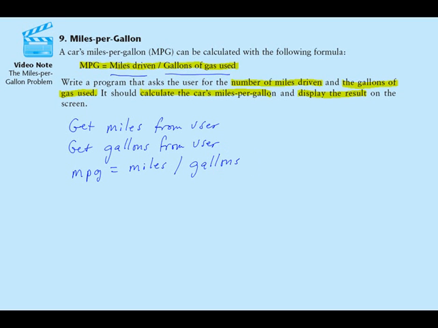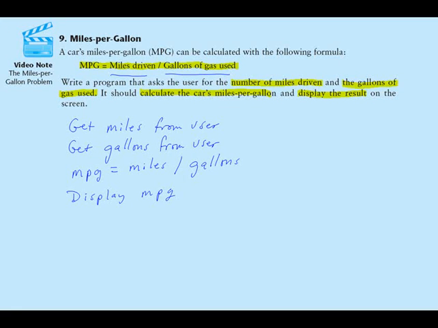So there we've calculated the miles per gallon, and the last thing that's left to do is to display the result on the screen. So let's just say display MPG. Of course, we want to display a message that tells the user what that number means, the MPG. But this is the overall algorithm that the program should perform.